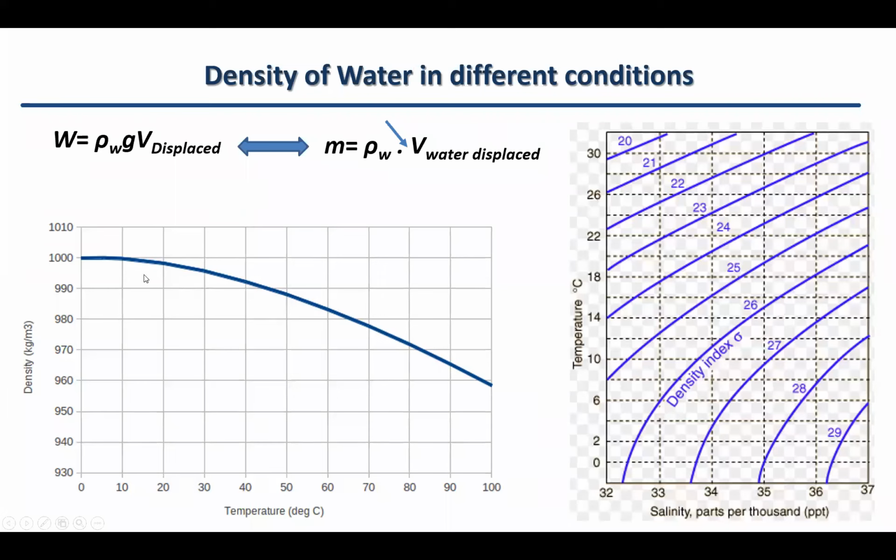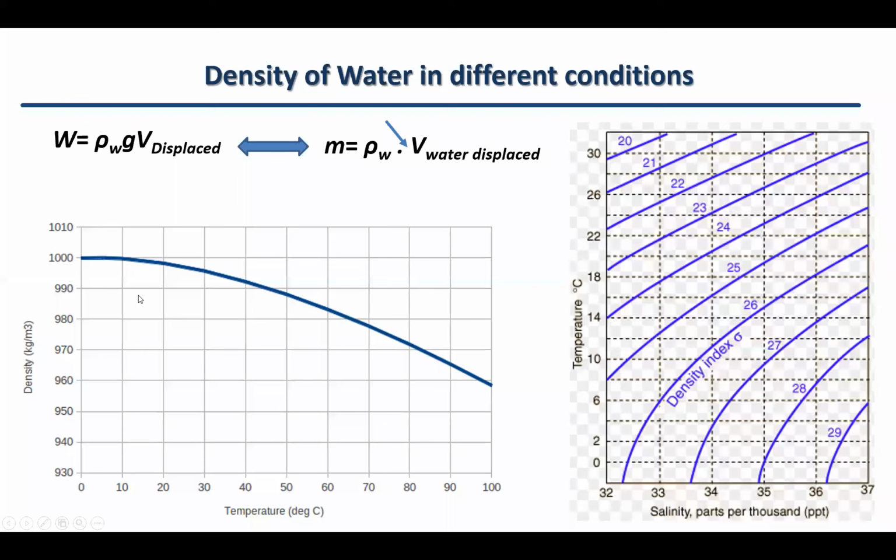In this case, we have the variation. The density decreases with higher temperature. For example, at 0 degrees we have 1,000 kilograms per cubic meter for water. Once we get to the maximum, like 100 degrees, it can decrease to 960 kilograms per cubic meter.